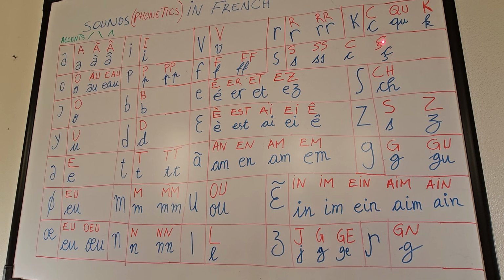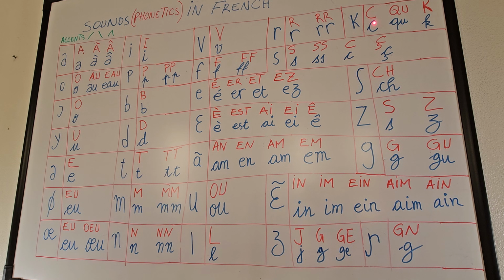So you write C with a cedilla, and then here we have the sound k, which is ka, but we have 3 ways of spelling the sound k in French. C on its own sometimes can sound k. It can be a bit confusing, but here C on its own sounds s.